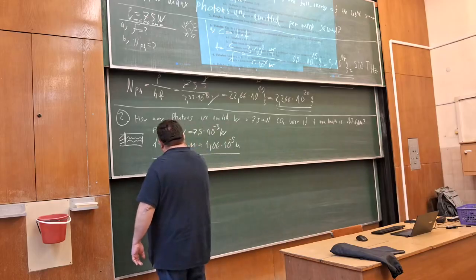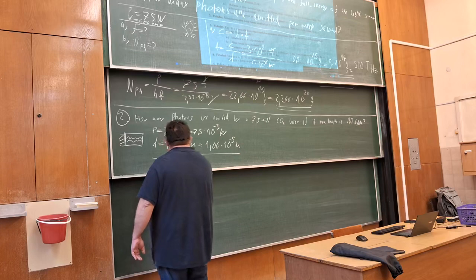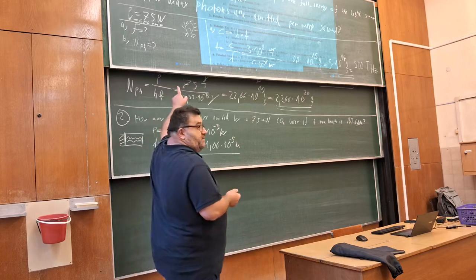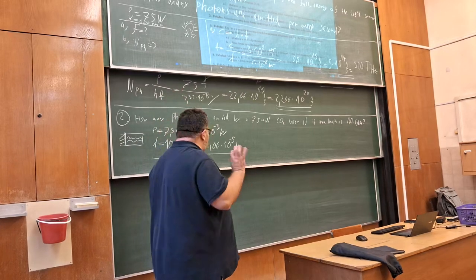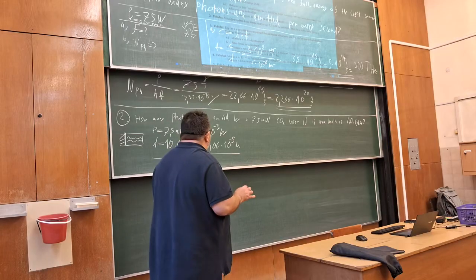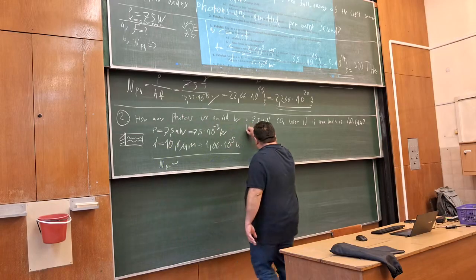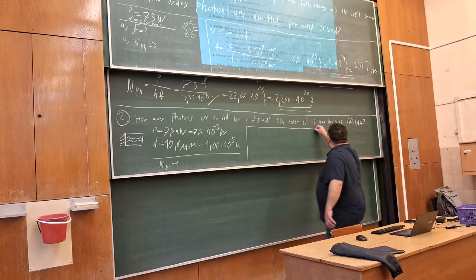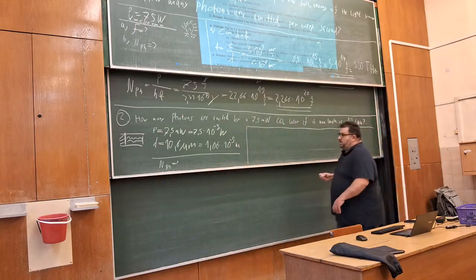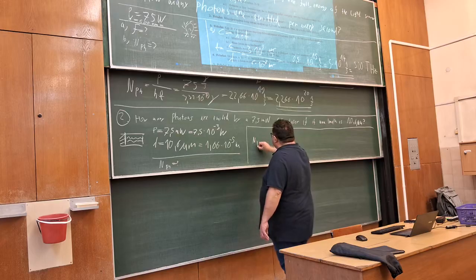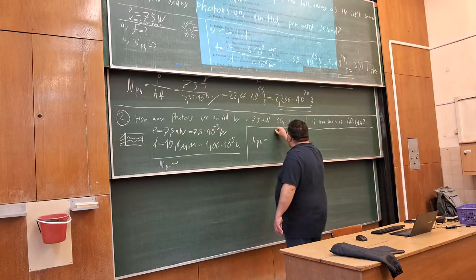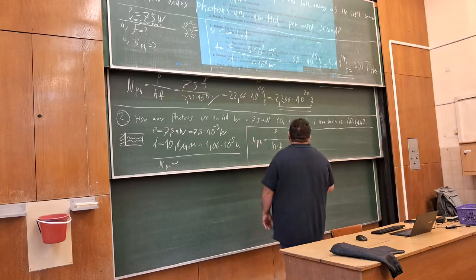And the question is the number of photons. It is a very similar task like the previous one, so I will not do everything, just this. The number of photons is the power of the laser divided by the energy of one quantum.